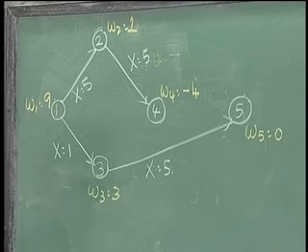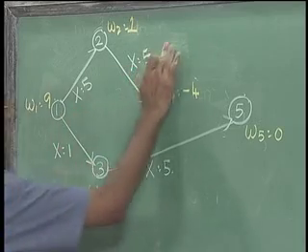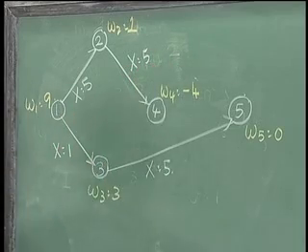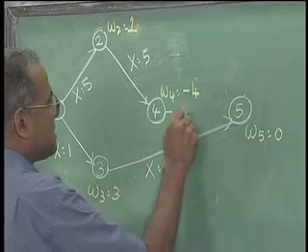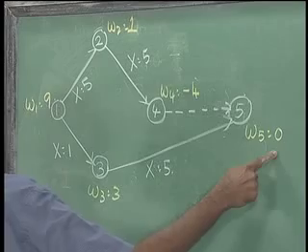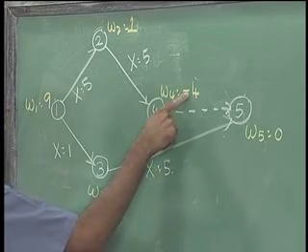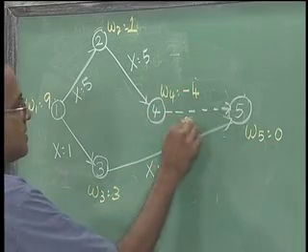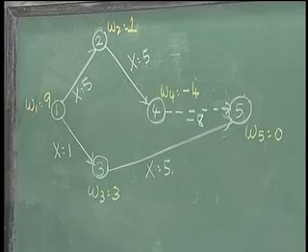Now, we go back and check whether this is optimal by looking at all the non-basic arcs. We have a non-basic arc which is this, Wi minus Wj minus Cij is minus 4, minus 0, minus 4, which is minus 8.